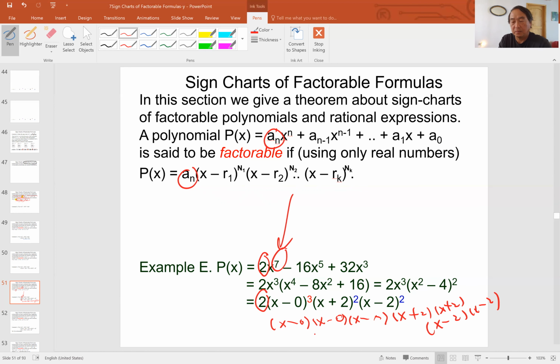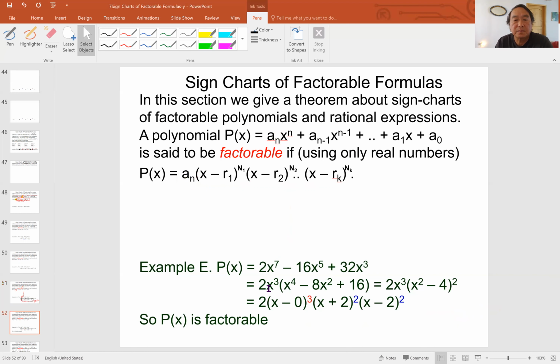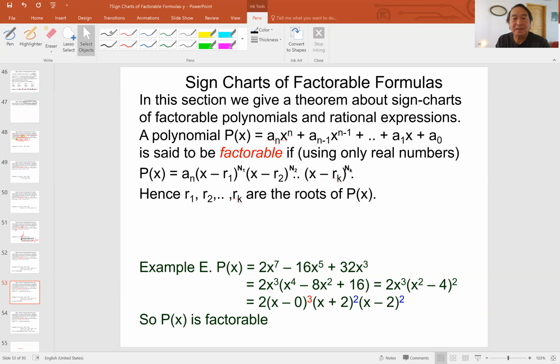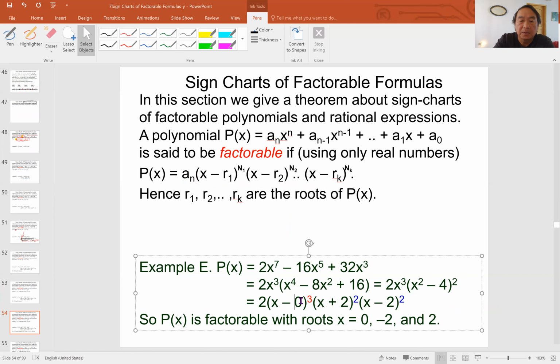And from this form, we can extract the zeros, the numbers that give zero when plugged in. So these are factorable. If the polynomial is factorable, I can easily recognize where the roots are, the zeros. In this case, we have the root 0. From x plus 2, I get -2. From x minus 2, I get +2.